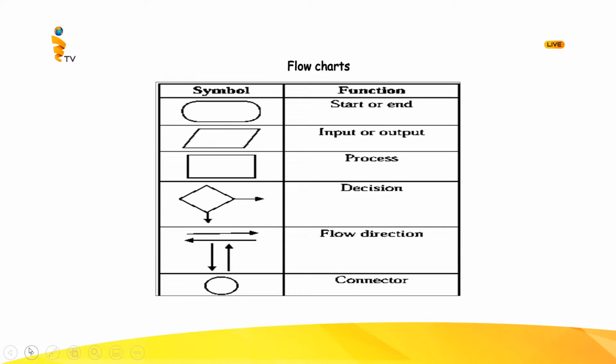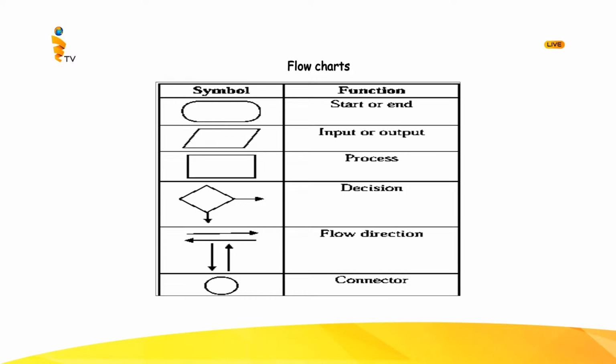Every programmer or person related to computing, when they see these symbols, they know this is the symbol for start or end. This is the symbol to indicate input or output. So we have to draw these symbols very correctly. We just can't draw them as we like. We have to learn the symbols and use them very appropriately.